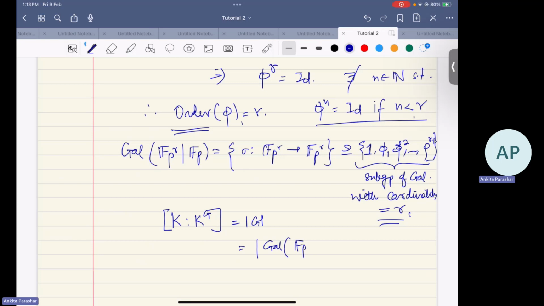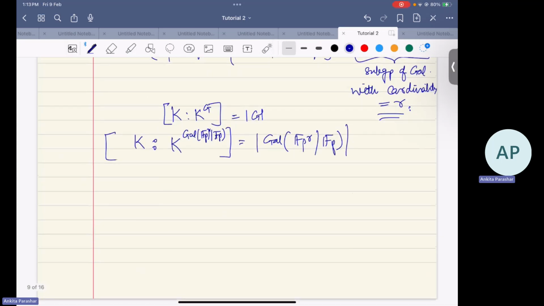So now for the Galois group of F_{p^r} over F_p, this index should be the same as [K : K^G], where K^G is the fixed field of the Galois group. Now let's look at the field extension. We have K. K means here K is F_{p^r}, right? So we have F_p, and we have its fixed field by the Galois group.